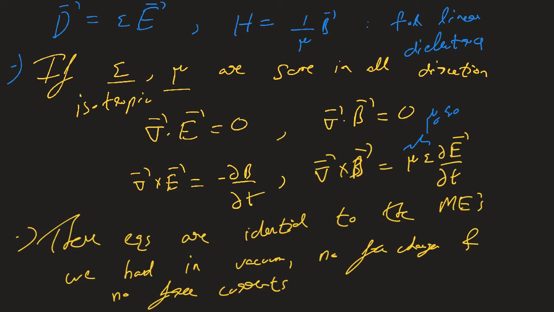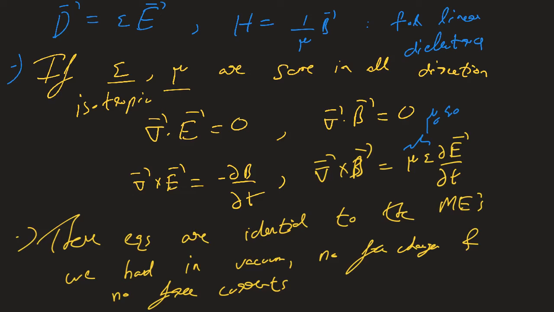So if we then solve these equations, what we expect to get is something which is exactly like the solutions we were getting before, with the only difference being that epsilon naught mu naught has been replaced by epsilon and mu, right?